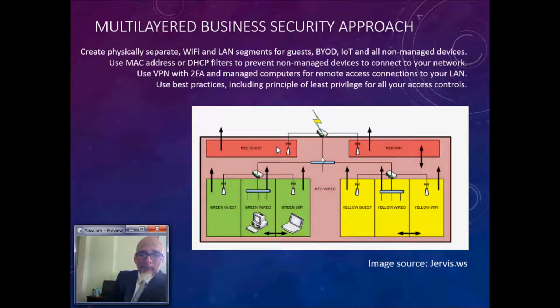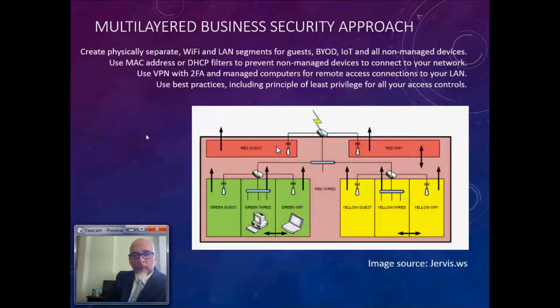So creating these zones is key. Here they have a multi-router scenario, but you could do it with a single router. Just create separate zones within the router, use separate physically segmented networks.